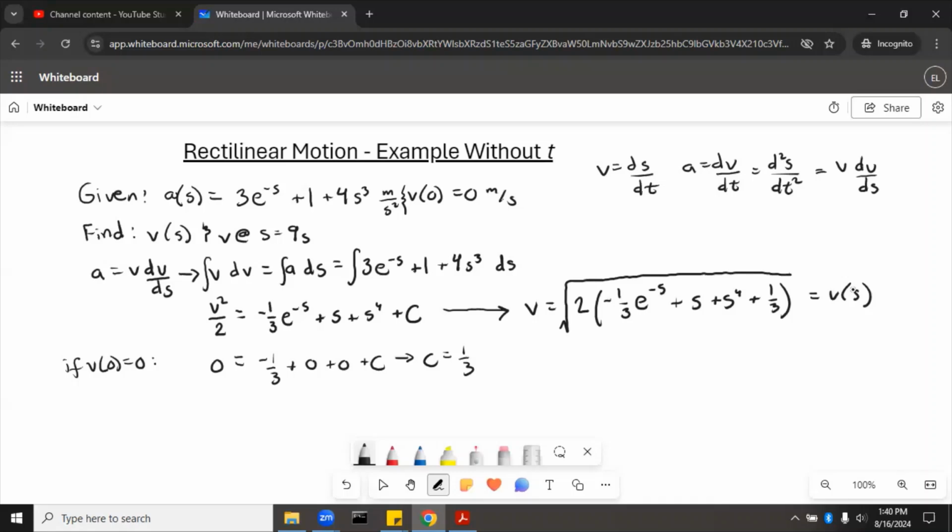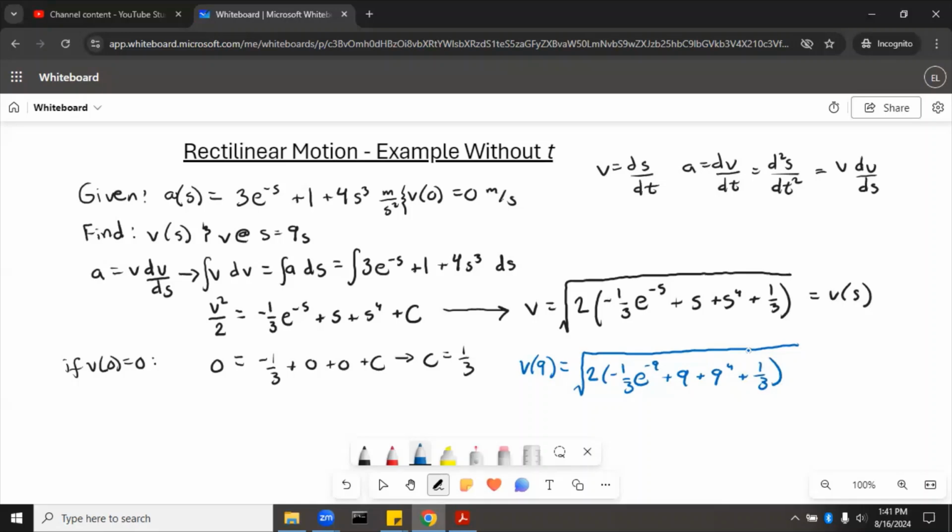Now, if we want to find v at s equals 9, like it asked there, then we just plug in 9 for all of that. So we'll say v of 9 equals the square root of 2 times negative 1/3 e to the negative 9 plus 9 plus 9 to the 4th power plus 1/3.